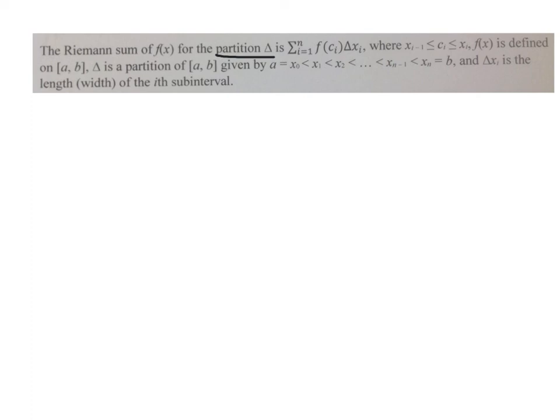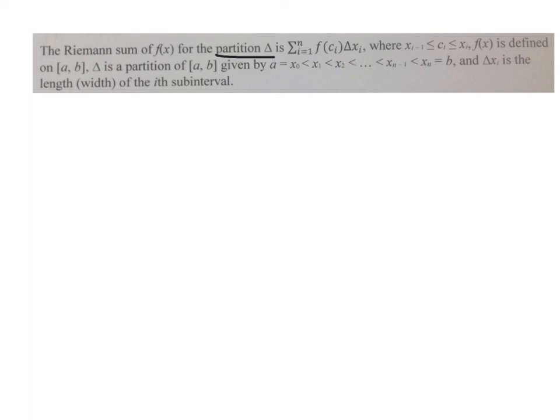The partition delta is the summation from 1 to n of f of c sub i times delta x sub i. And c sub i, as I talked about earlier, is what we call our sampling point.